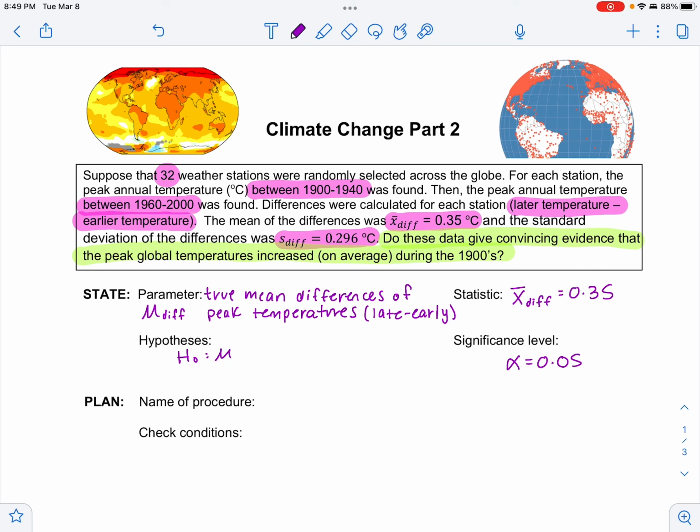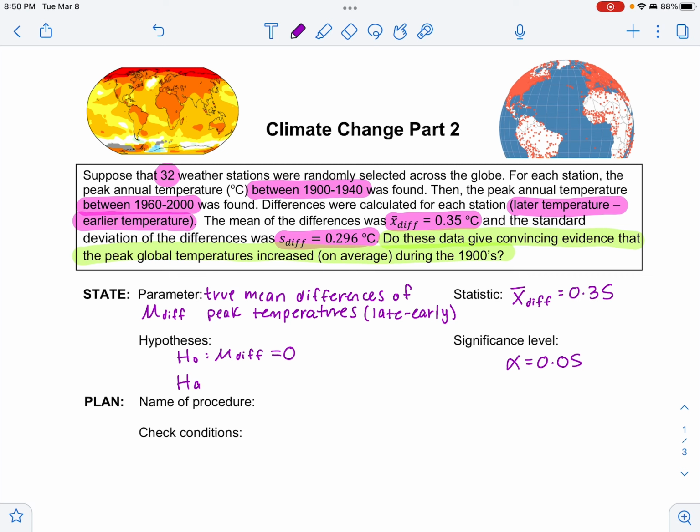For a mu sub difference, it still is a difference between two different samples. And so we write it a little bit differently, but still we are testing to see against the null hypothesis that there is no difference. So our null, what we are going to assume is that this mu equals 0.